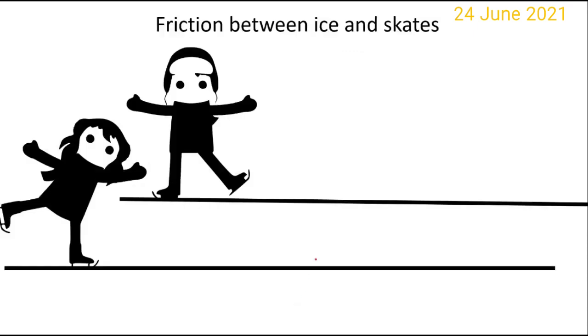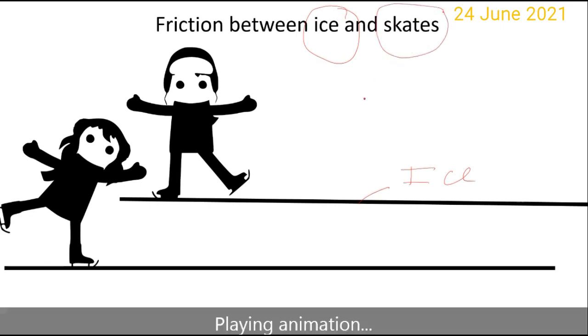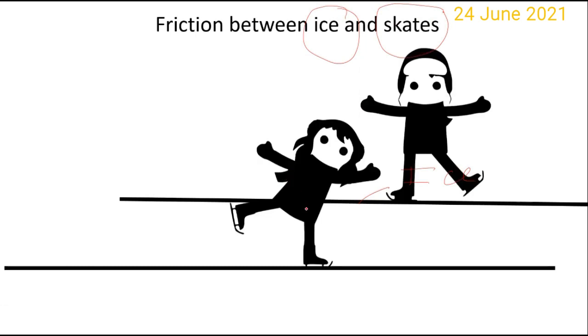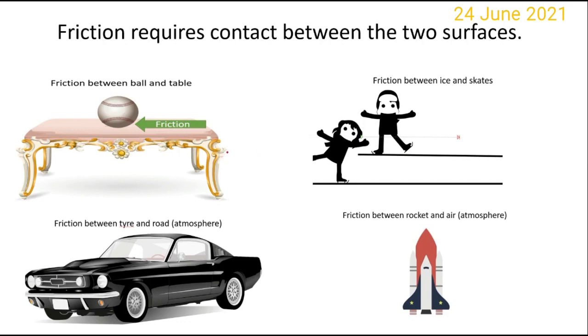When children skate on the ice, there is a contact between ice surface and the skates. And therefore, there is a friction between ice and the skates. So you have seen some examples. Friction requires contact between two surfaces.